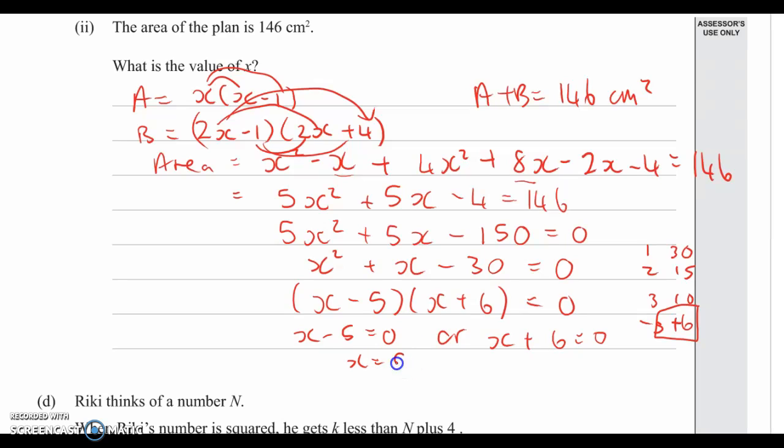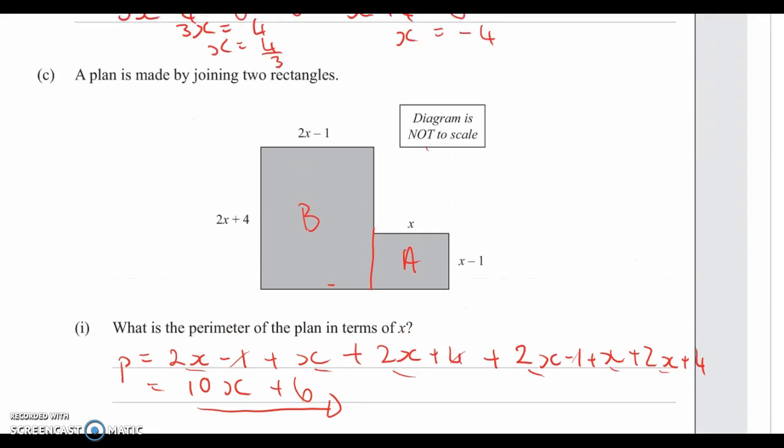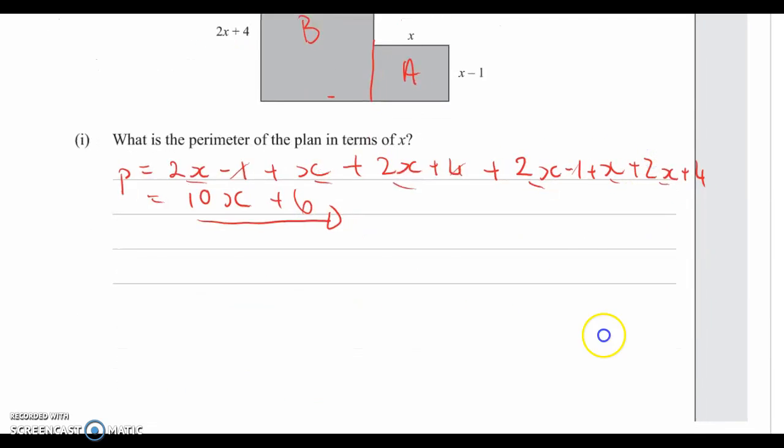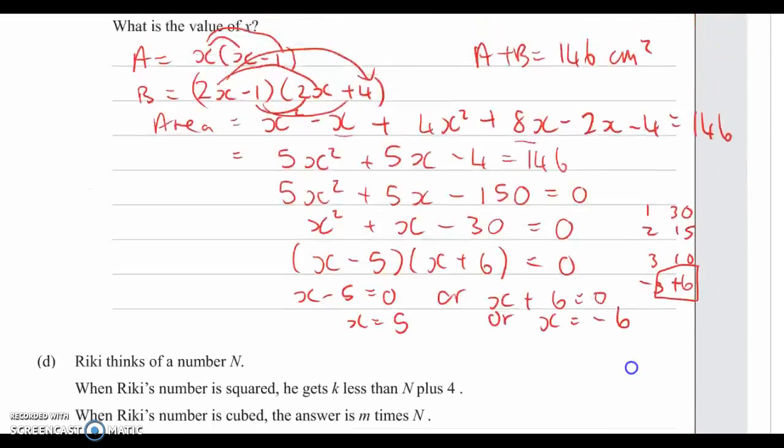So x is either 5 or x is -6. Now, if I look at these over here, if I had a -6, that would make this a negative length, because -6 times 2 is -12, minus 1 is -13. And we're not really worried about direction in our lengths.